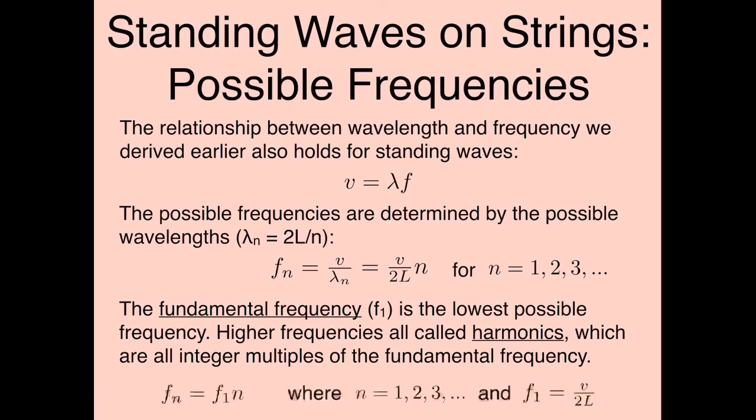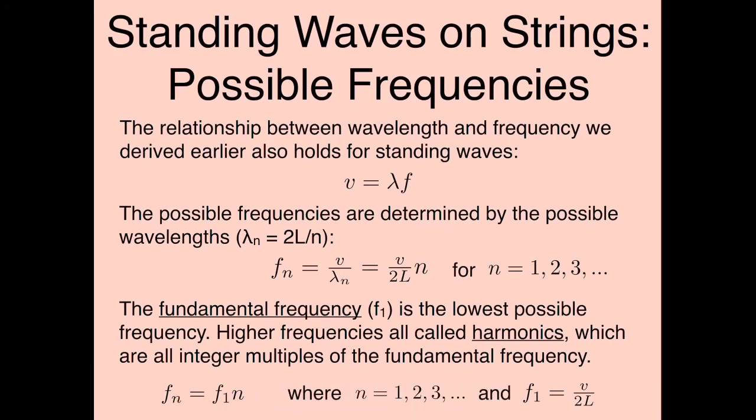Okay, so let's think about that real carefully. f1 is going to be what we get when we plug in n equals 1 right here. So that's just going to be v over 2L. So that's our fundamental f1, v over 2L. But fn is generally speaking f1, which is, again, the fundamental right here, times n. So fn is equal to f1 times n.